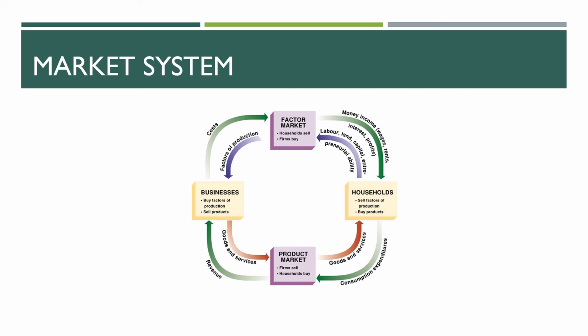If someone is holding $1 million in a savings account and thinking about where they should invest that money to get a return in the future, they can contact Ford and say, hey, I know you need money. I'm going to lend you the money for now so that you can pay me back at a later time with some interest. So all of this is basically coming from the factor markets.